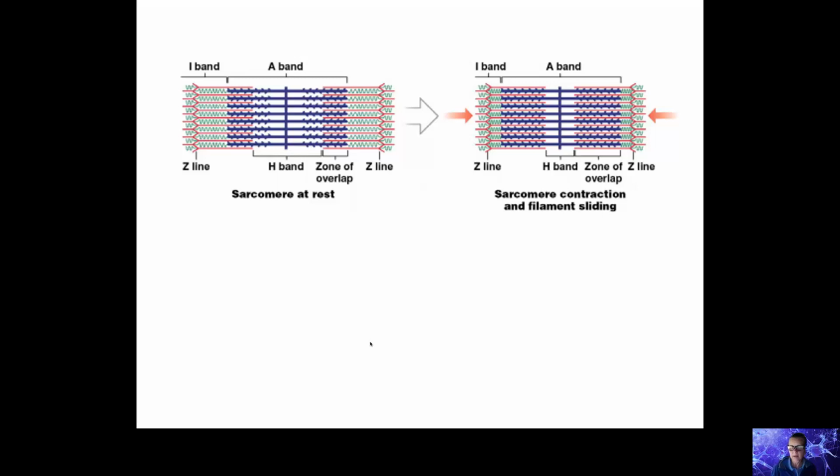A globular head of myosin will attach to that active site until an interaction with ATP that will cause the release of the globular head, and it will seek to move on to the next exposed active site. That will happen multiple times on multiple myosin and actin fibers, and that will pull the Z lines closer together, and that is a high-level overview of how skeletal muscle contracts.